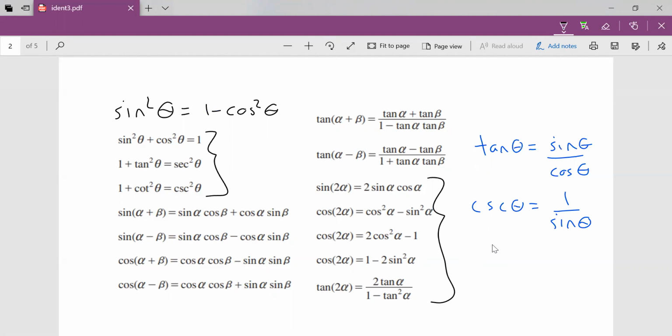When do I use a double angle? Notice I see 2s in almost every single one of them. A big hint is if you see a double angle, turn it into a single angle. So if I see any of these, a nice handy thing to do is to switch it into a single angle. There it is, friends. Have fun with identities.